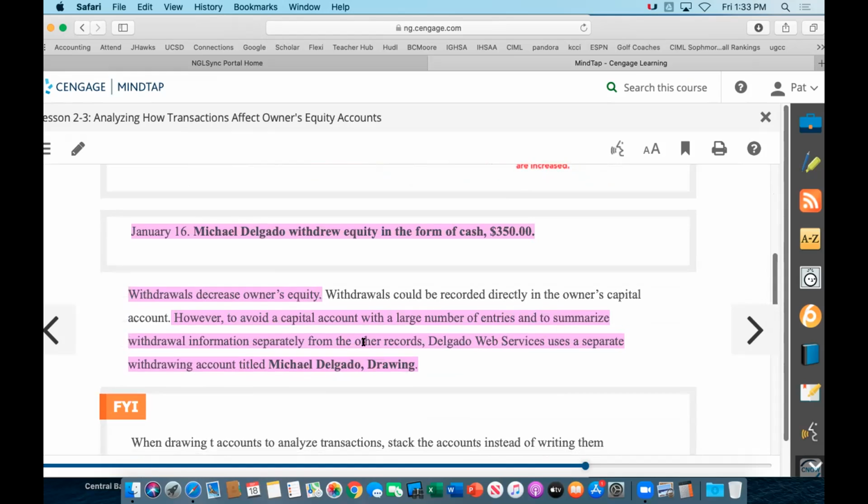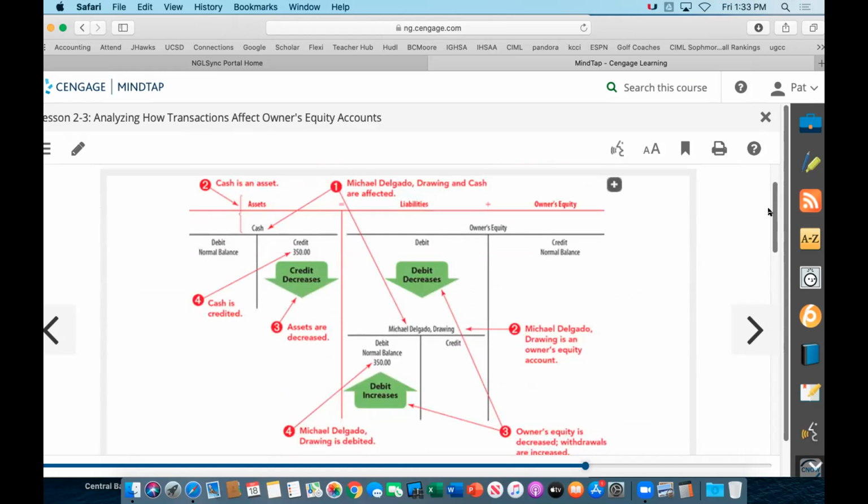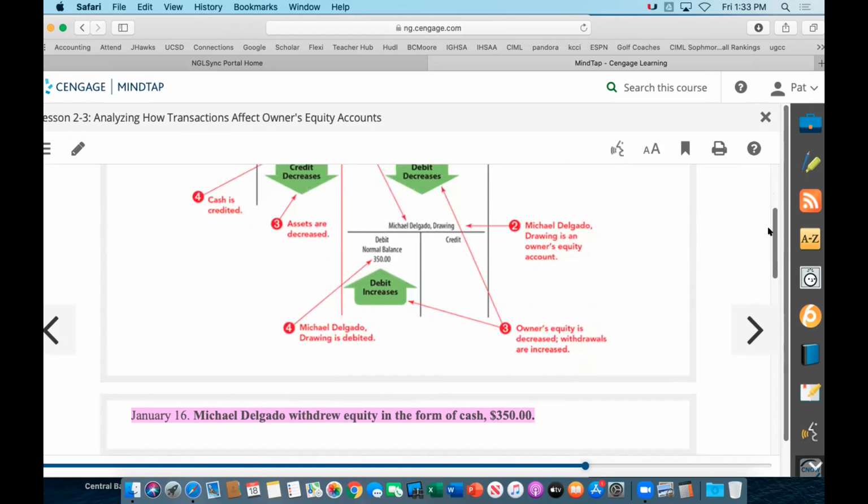So we have this new account, whoever the owner is, and then the word drawing. So our last transaction, 11, withdrew equity in the form of cash. Drawing, increase, cash, decrease.